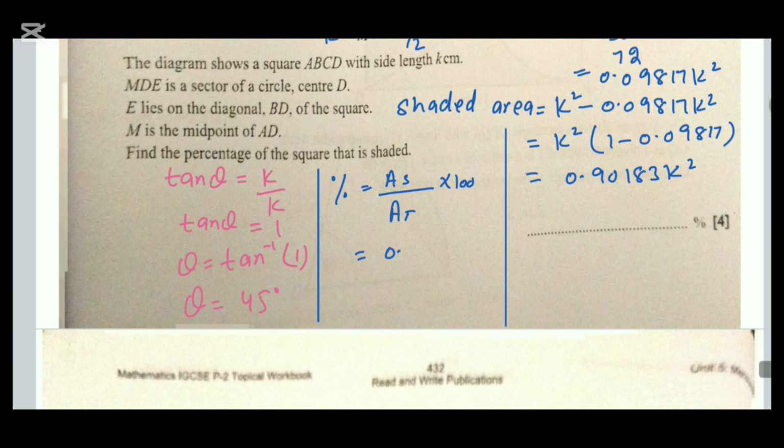So shaded 0.90183 K square over total area K square, multiply by 100. This will be cancelled and your final answer is 90.2%.